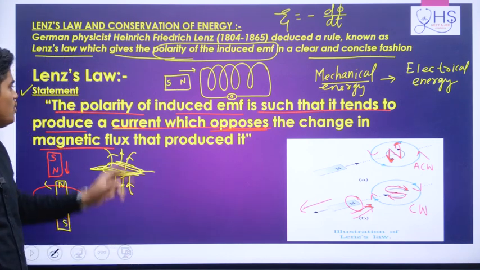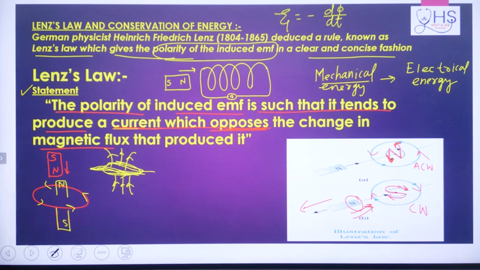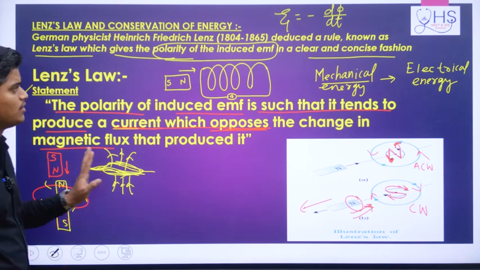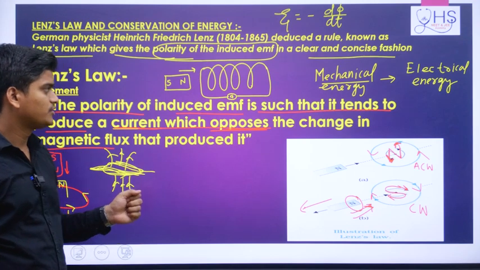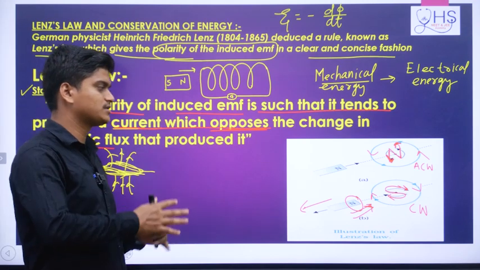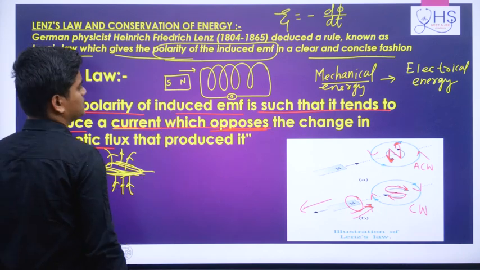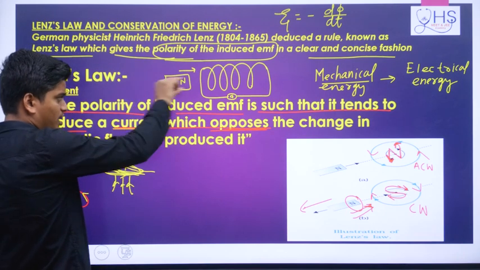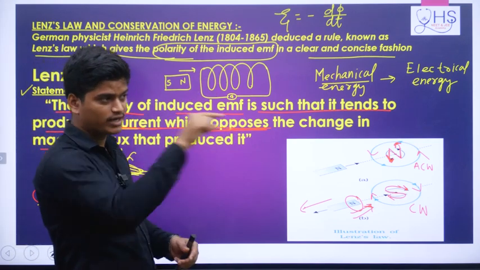Okay. So what does Lenz's law say basically? Conservation of energy is happening in Faraday's law, you cannot produce current like magic, like how magicians produce fire immediately. It's not like that. When you are moving the magnet like this, my hand is doing some work.